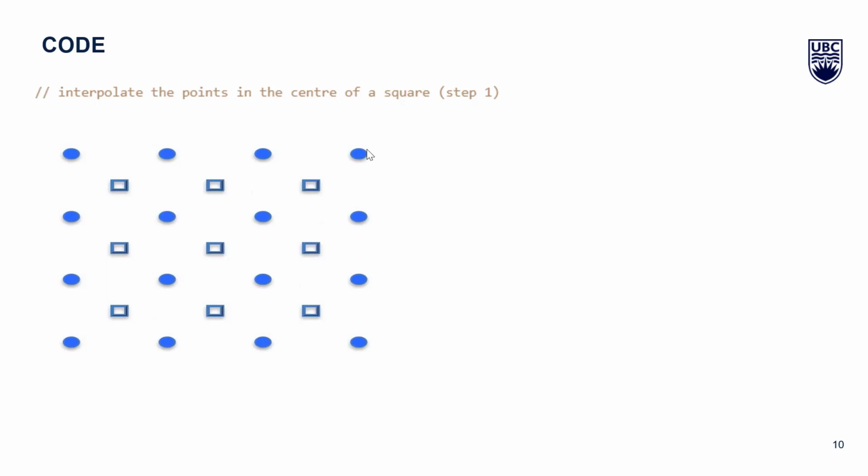Our first step is to interpolate the points in the center of the square. So we will set points in rows 1, 3, 5, and in columns 1, 3, 5. The value of each new interpolated point will be the average of the values of the points around it.